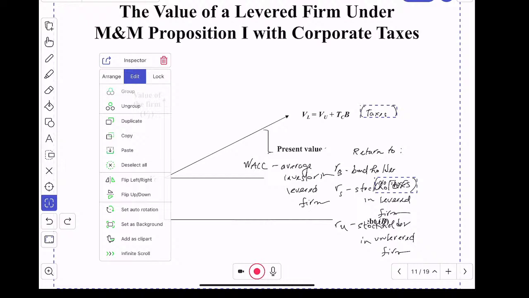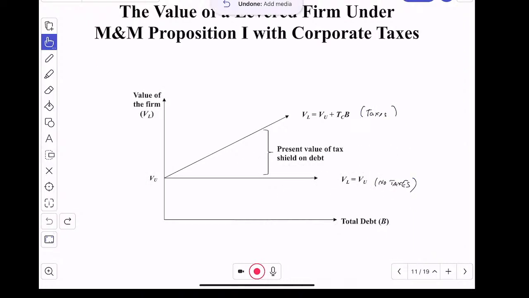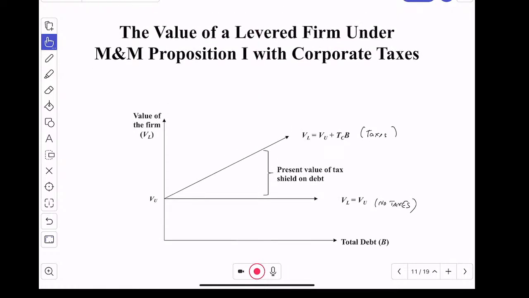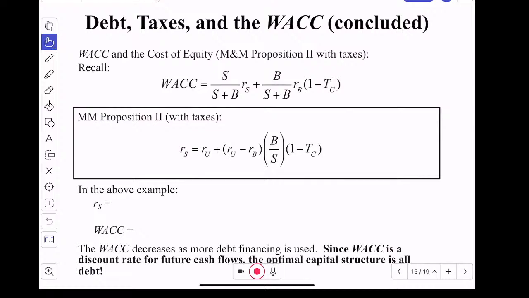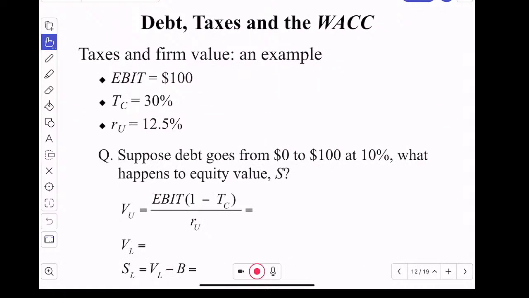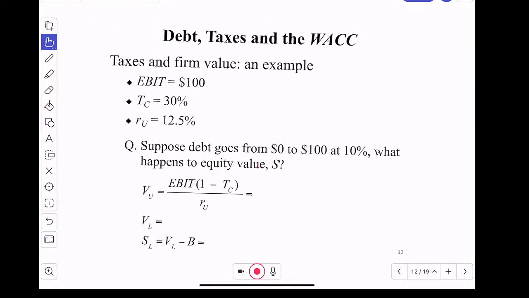Okay, let's look at an example, an exercise, and then we'll talk about Proposition 2 and how we see the required rates of return, or the rates required by the investors in the firm, the stakeholders in the firm. All right.